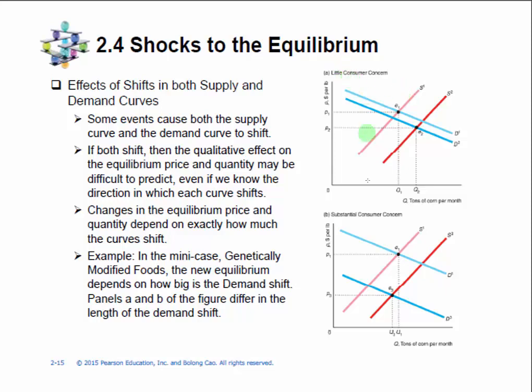And basically what we see here is the equilibrium quantity decreased, price increased. So the relative magnitude of the supply shift is much larger than the demand shift, and the result is something similar to a movement along the demand curve.